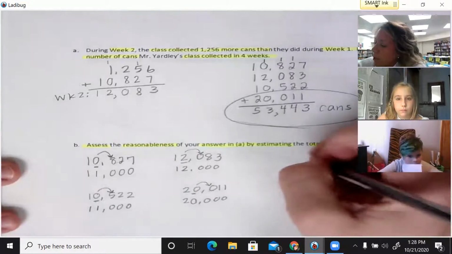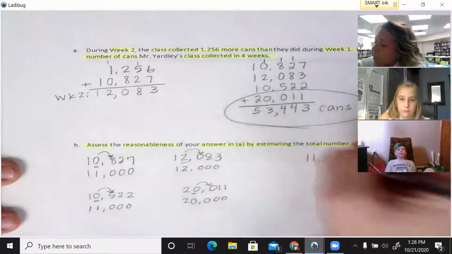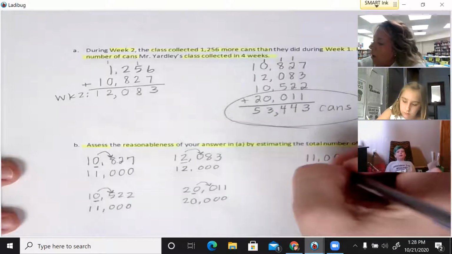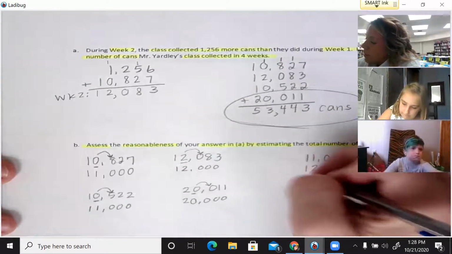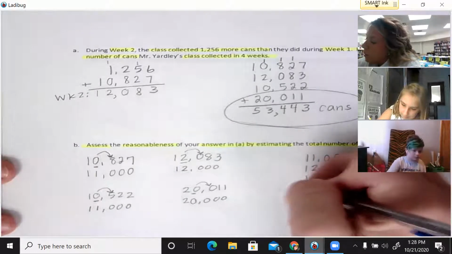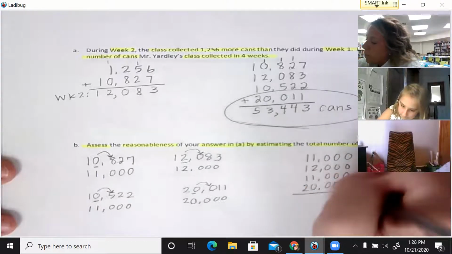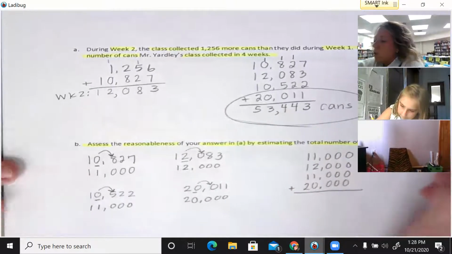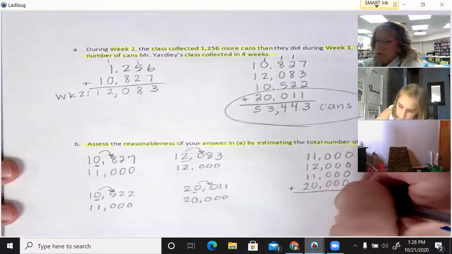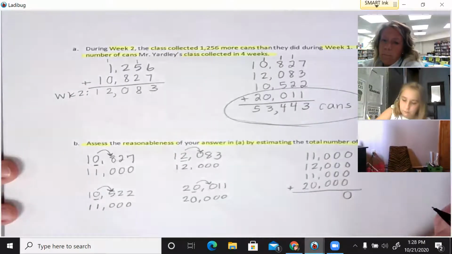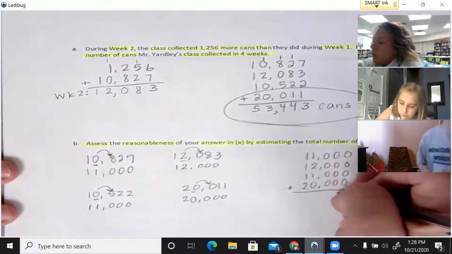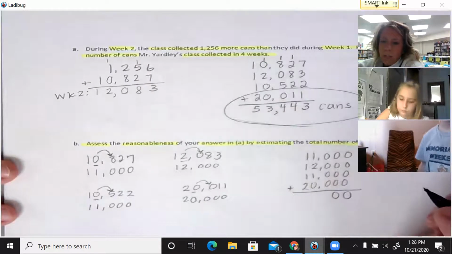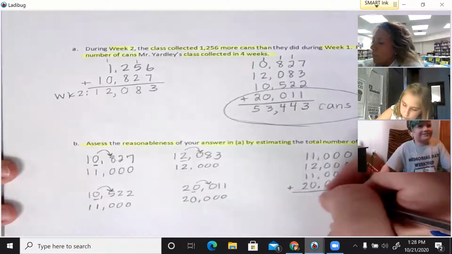Let's add them up. So we have 11,000 plus 12,000 plus 11,000 plus 20,000. Lots of zeros. So our ones column is all zeros, giving us a total of 0. Our tens column is all zeros, giving us another 0. Same with our hundreds.